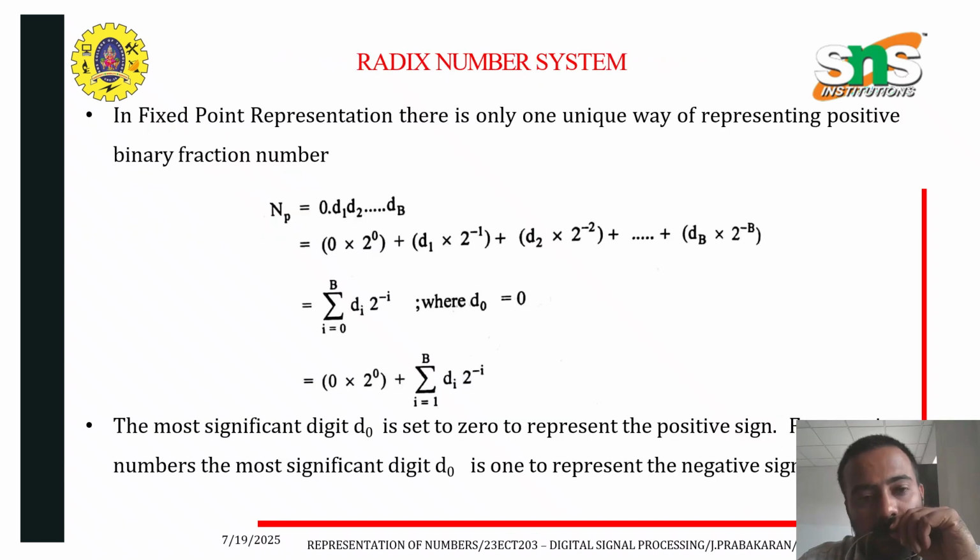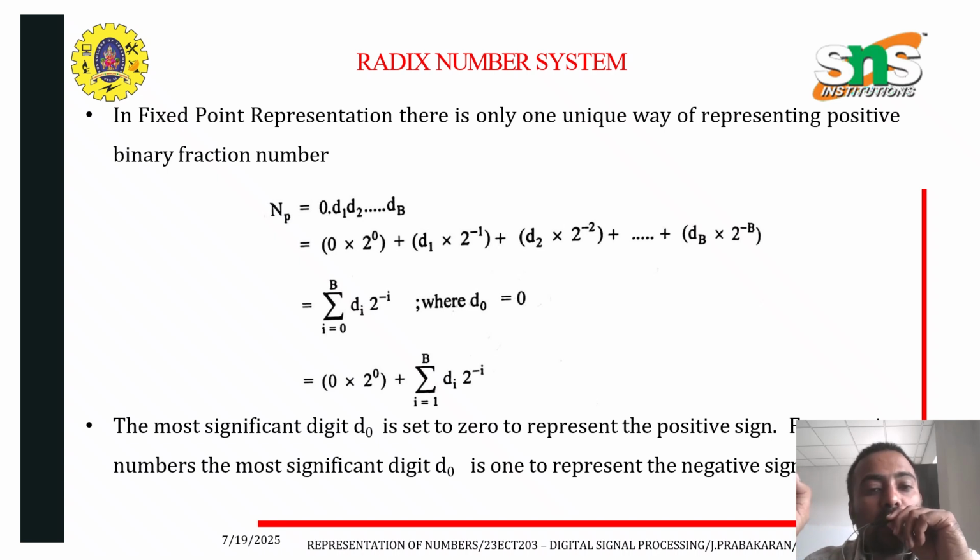And next, in fixed point representation, there is only one unique way of representing a positive binary fraction, which is represented by N suffix P equal to 0.